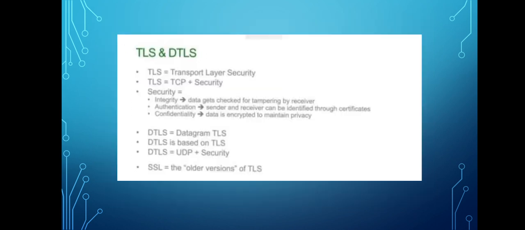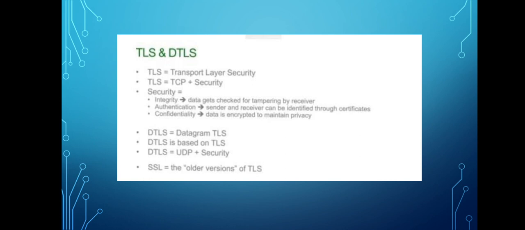So TLS and DTLS is nothing but transport layer security, TCP plus security. In this security, you will be getting three privileges like integrity, authentication, and confidentiality.